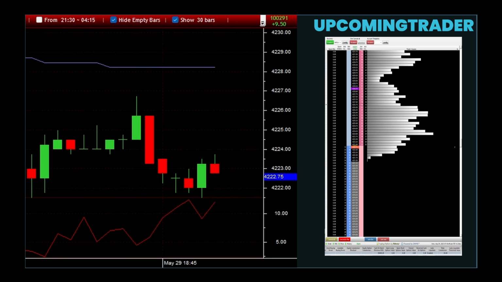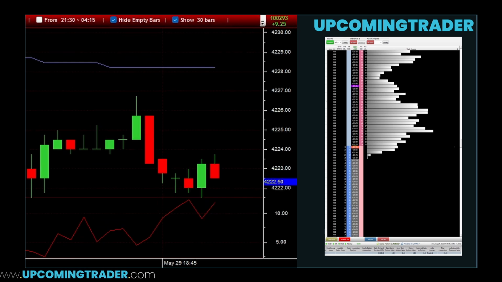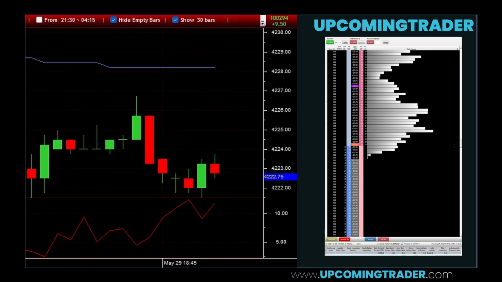By paying attention to the volume dynamics, the positioning of value areas, and the overall shape of the TPO profile, traders can align their strategies to take advantage of either trend continuations or reversals, thereby enhancing their likelihood of successful trading outcomes.